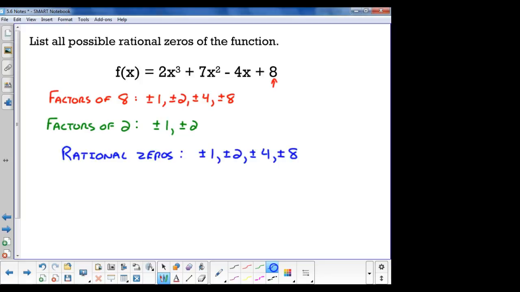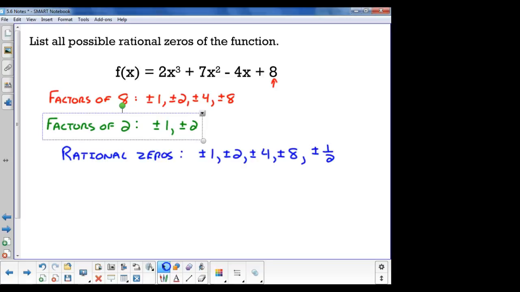Then 1 divided by 2 is 1/2. 2 divided by 2 is 1. I already got it. 4 divided by 2 is 2. I already got it. 8 divided by 2 is 4. I already got it.